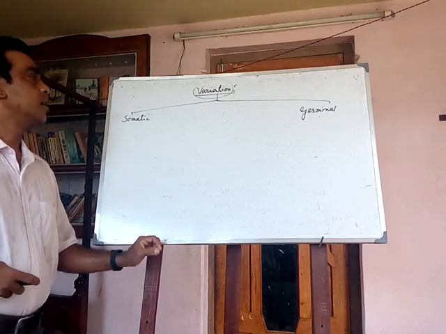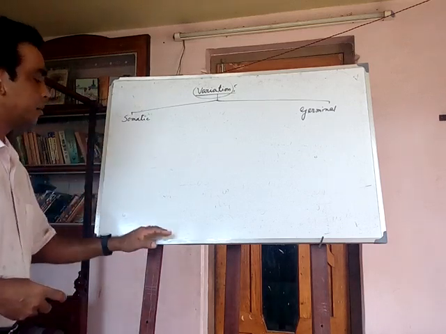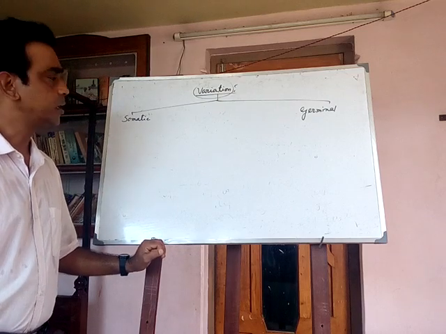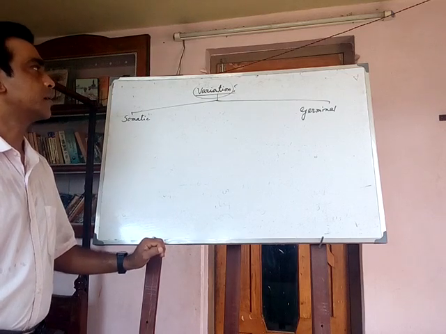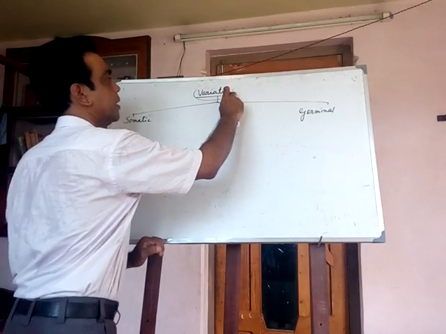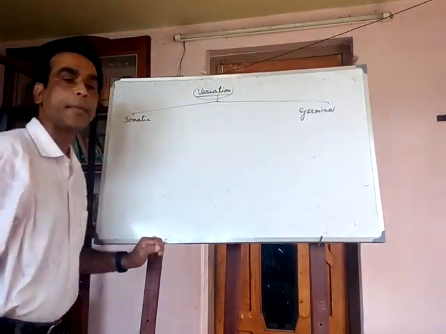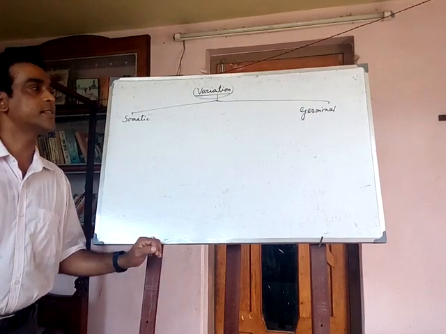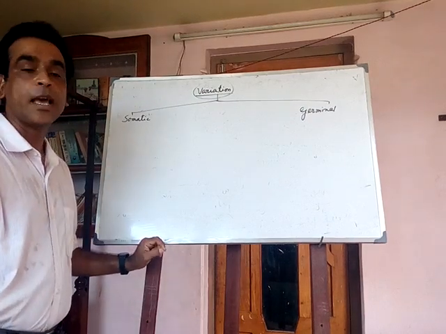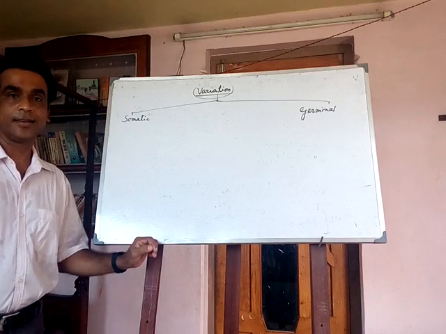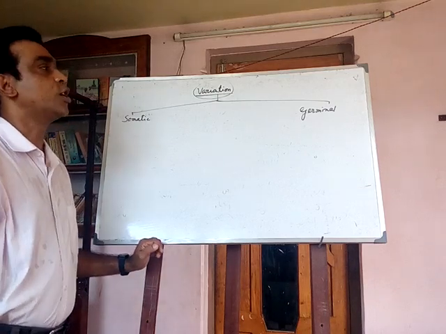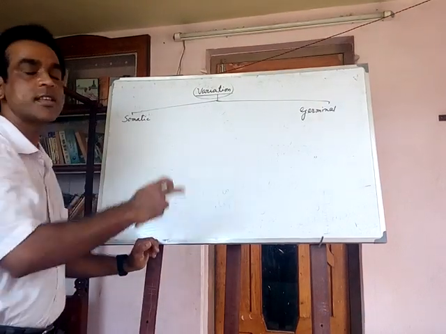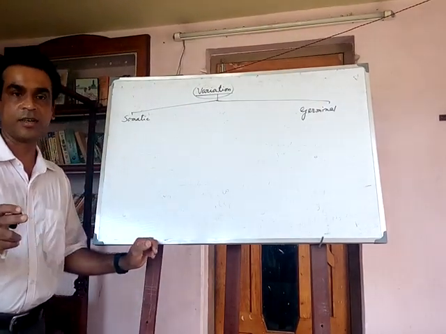It is followed by Lamarck's theories. Germinal variations are the variations which take place by gene change or genetic change. That is two types, the continuous and discontinuous.